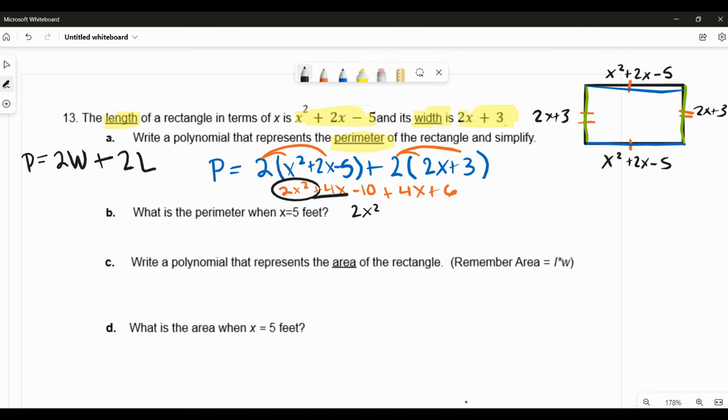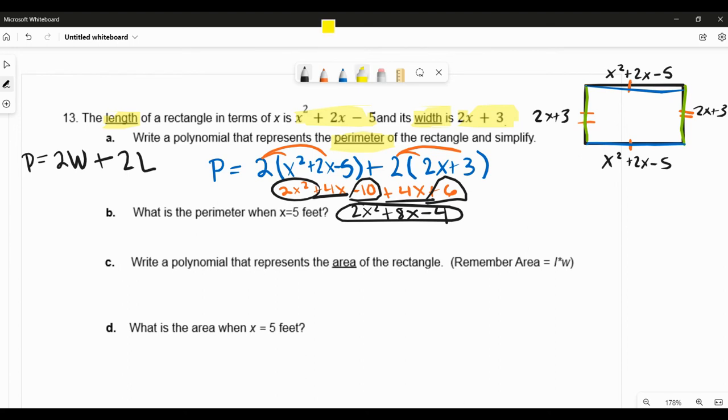I've got 4x and 4x. That's going to give me plus 8x. And then negative 10 plus 6 is going to give me negative 4. And so this right here is my simplified version of the perimeter of my shape.